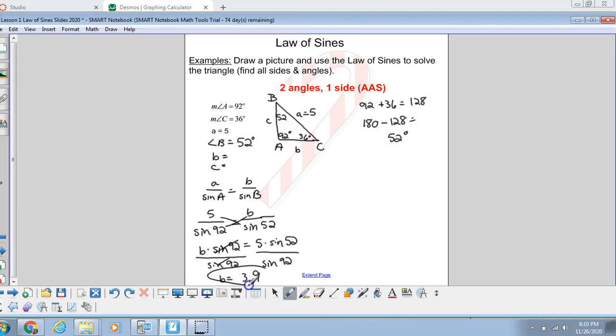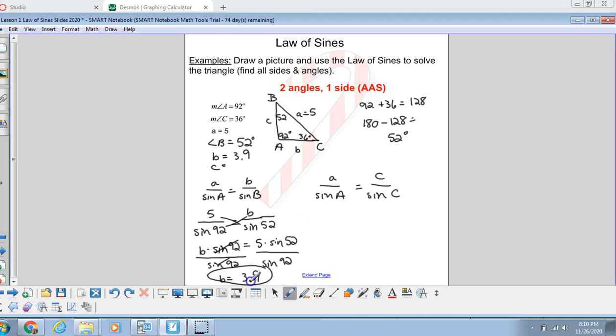Okay, so we found B. B is 3.9. Now we need to find C. So let's use the part of the proportion that we need. We were given A, the side and the angle, so let's stick with using A over sine A equals C over sine C. We wouldn't want to use this B right here because this is a rounded value.